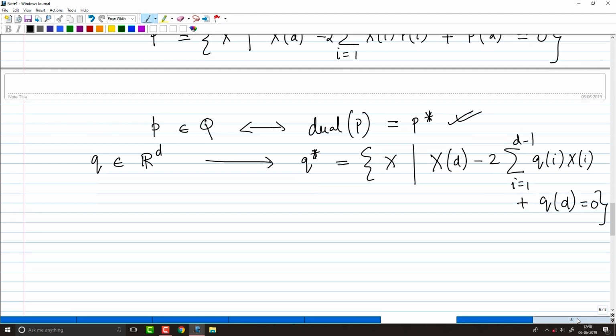Okay. So, I have to get a map from here to here also. If I take a hyperplane H, I want a point H star in R^d.